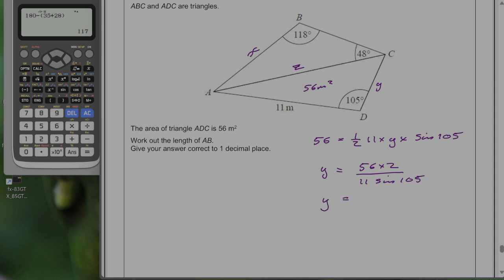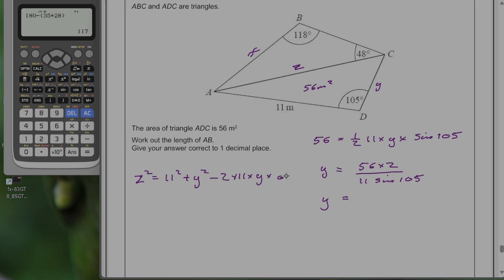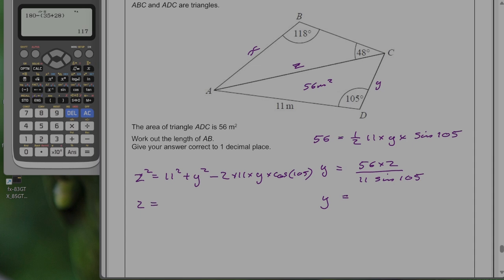And then using that, we can work out the value of z. So z squared is going to be equal to 11 squared plus y squared minus 2 lots of 11 times y times cos of the angle, so cos 105. So we can say then that z is going to be equal to the square root of that.